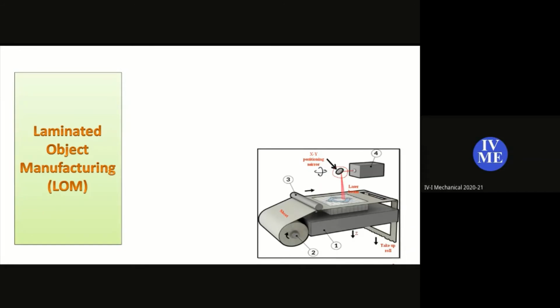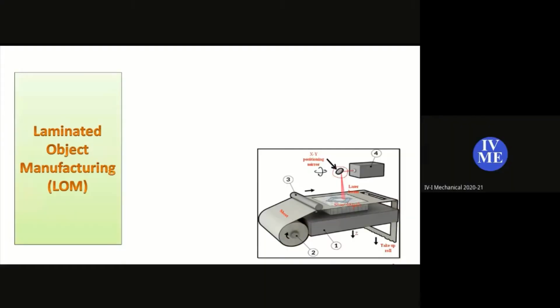This is the sheet layer. We can see here some layers already added, layer by layer lamination, and this is the perimeter of the image which has to build the 3D part.